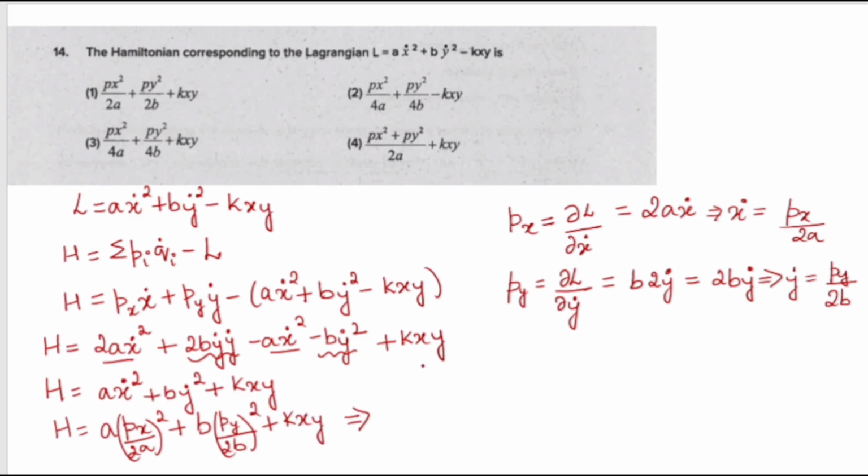On solving, we will get p_x square over 4 times a, since an a cancels, plus p_y square divided by 4 times b, plus k x y. So this answer matches with option C. So my C is the right option.